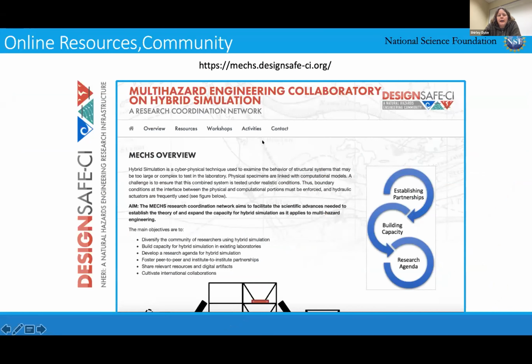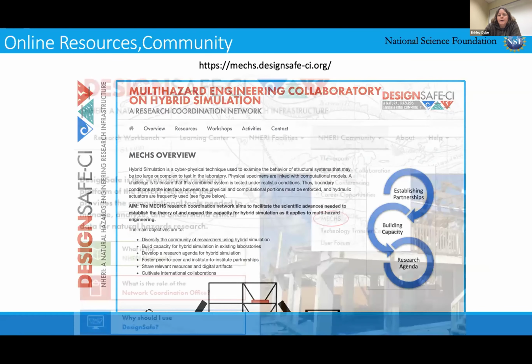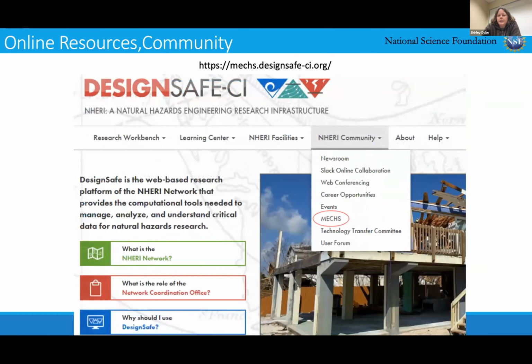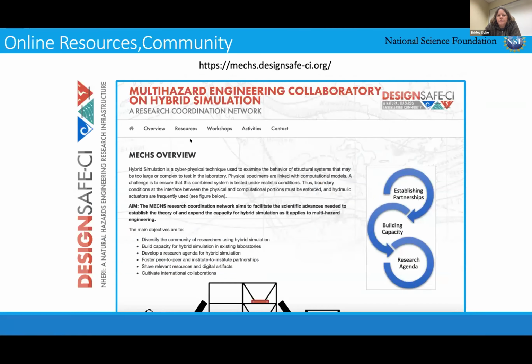As a way to share information, in DesignSafe we have a website, and it's located on the menu. If you go to DesignSafe, you go to the NHERI community menu, you can find MEX, where there are a number of different things, overview, resources, workshops, and such, that are meant to support the community and give people information if they're trying to get started, or if they want to know about specific topics, or access publications, which is a more recent thing that we've been focused on.